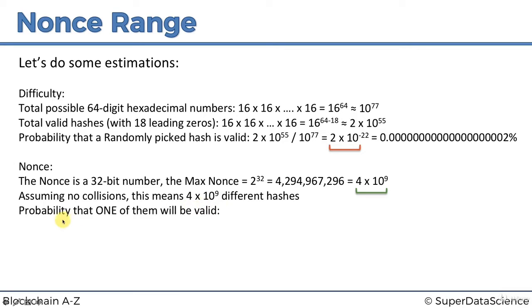And so the probability that just one of them will be valid is, we take this and multiply it by the percentage likelihood of one of them being valid, and we get 8 times 10 to the power of minus 13, approximately 10 to the power of minus 12 if we round that up. That gives us a 0.0000000001% chance. So it is still tiny.